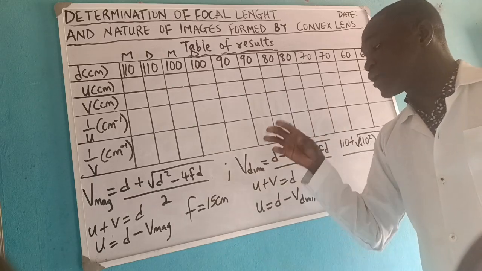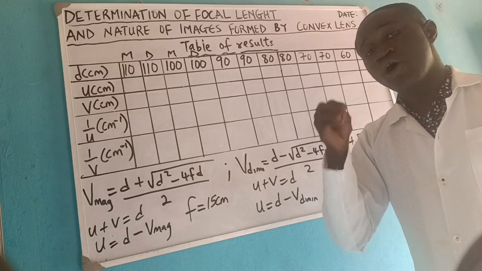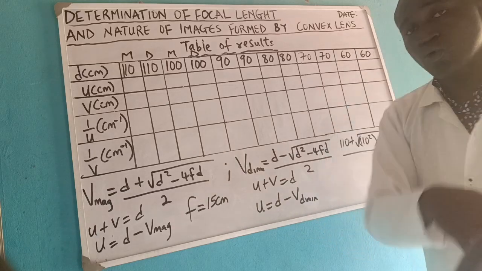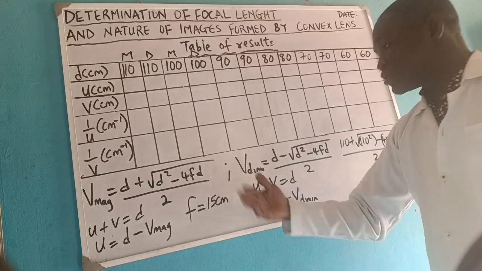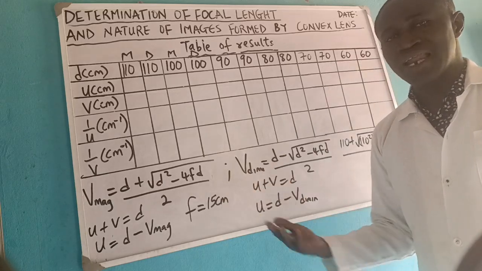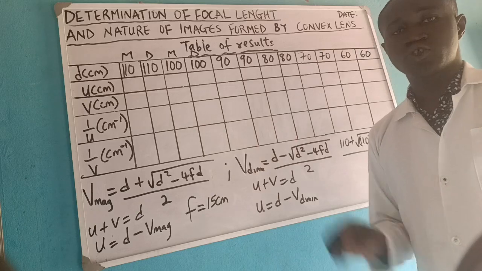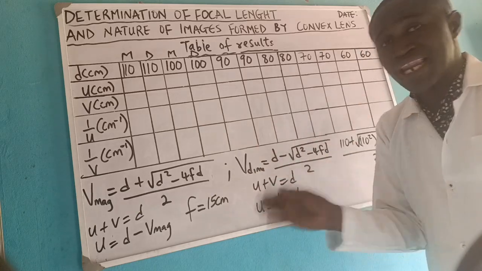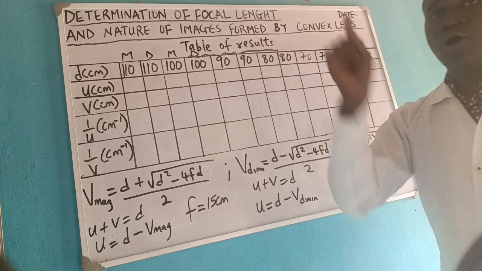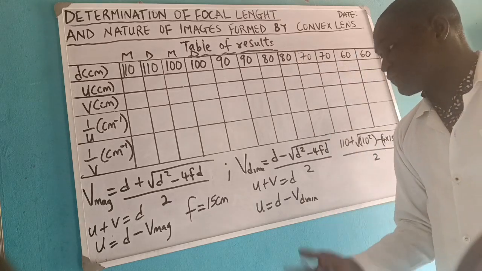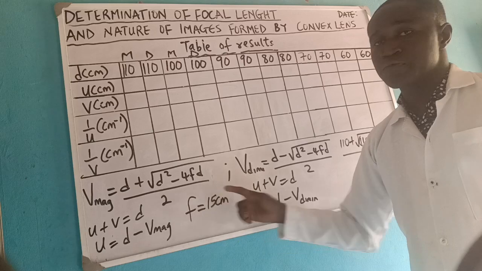But if you are able to get the value of the focal length of the lens you are using in your school, maybe from the past set, or maybe your instructor told you, you use that one, so to speak. But if you are not able to get any information about the focal length of your school, either from the past set or from your instructor whatsoever, just use f equals 15 cm.